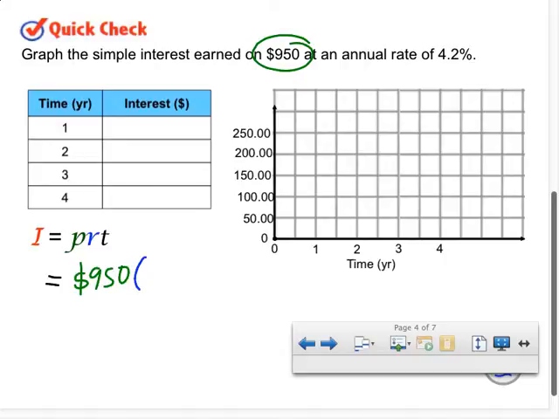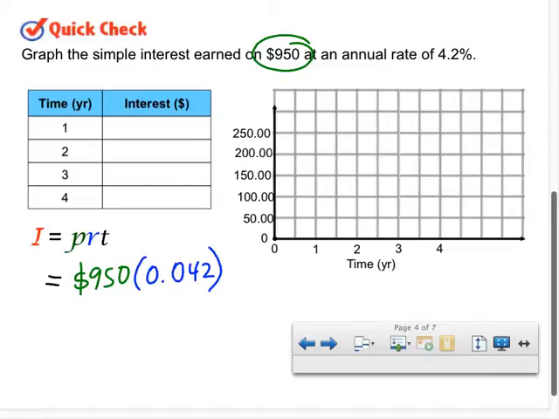Okay? You said 0.042. What is the name of that number? What'd you say? I'm sorry, if I didn't hear, I apologize. 42 thousandths. The 2 is in the thousandths place, 42 thousandths.